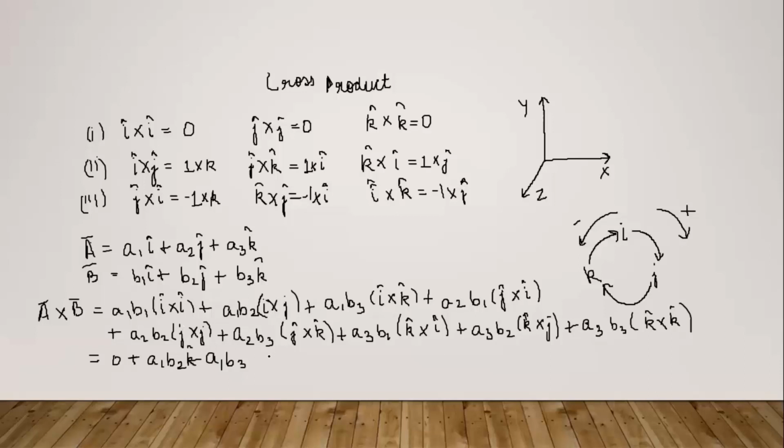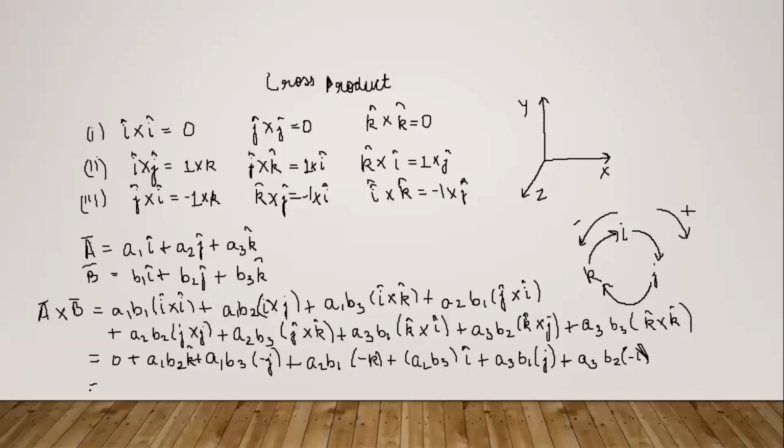In the third term it's i cross k, so we will get minus j. Then we will get A2 B1 minus k. Then we will get A2 B3 plus i. We'll get A3 B1 plus j. Then we will get A3 B2 minus i. And this last term, k cross k, will again be 0.